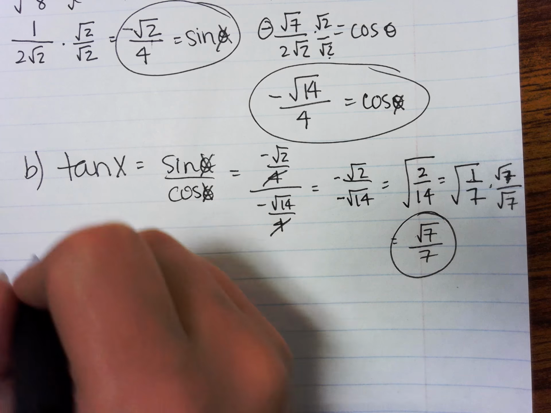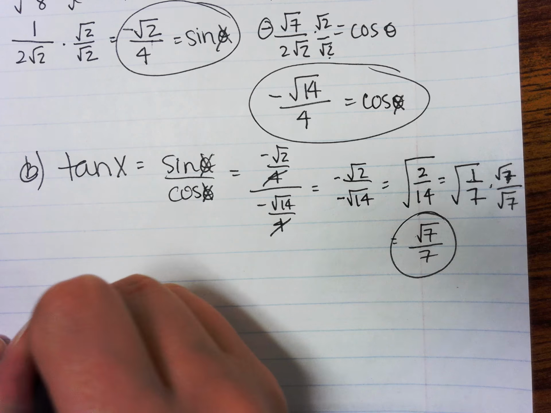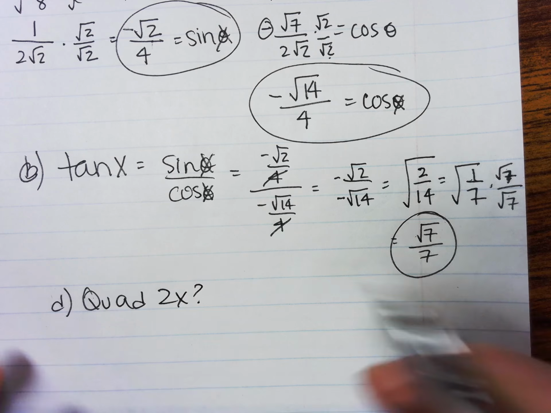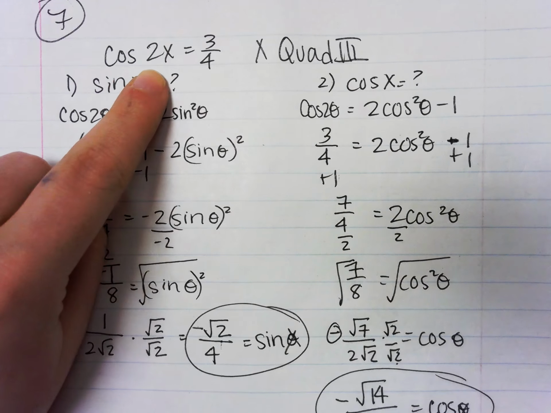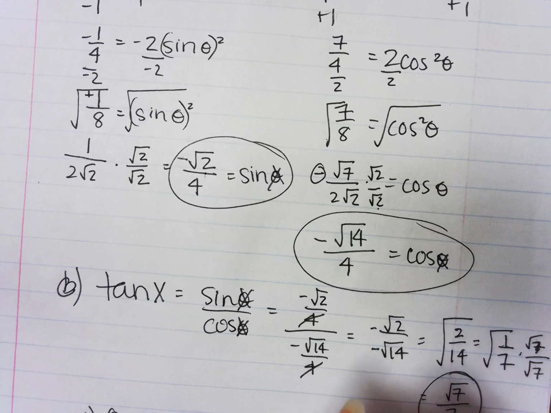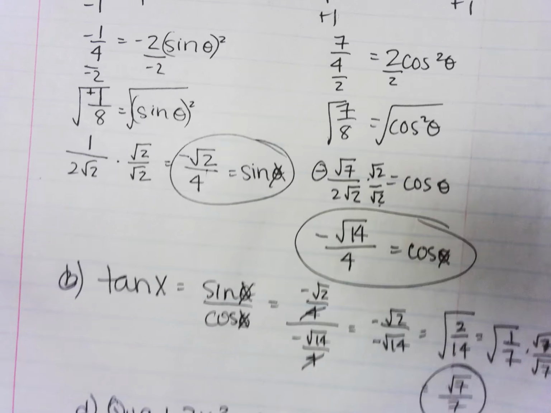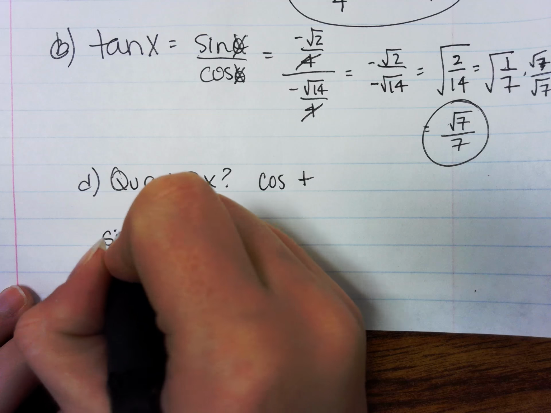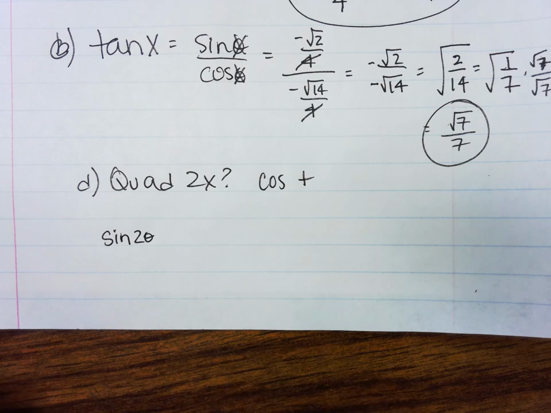Okay, so then for the quadrant of 2x, well, I know that cosine is positive for this because it tells us cosine of 2x is 3 over 4. So I'm going to write down here that the cosine is positive. And real quick, I'm going to find the sine of 2 theta, or at least think about it.